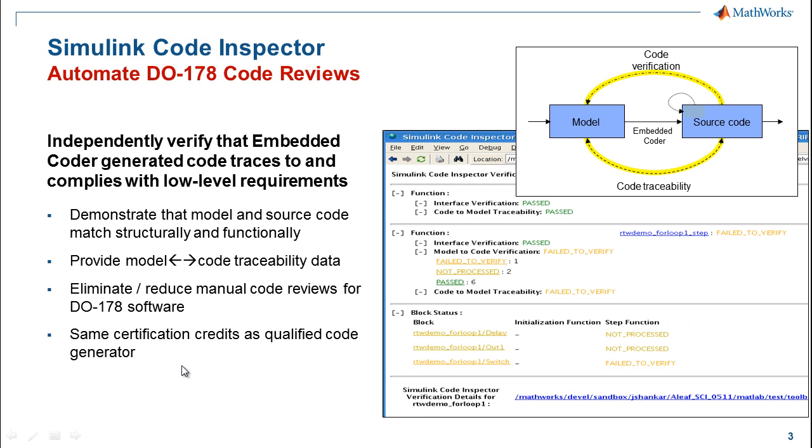So the result of that is that what you get from using Simulink Code Inspector is the same level of automation as you would get if you used a qualified code generator. All right, so using Simulink Code Inspector gives you all of the same benefits as using a qualified code generator, so as if we had qualified Embedded Coder.